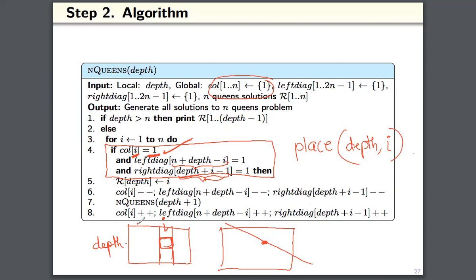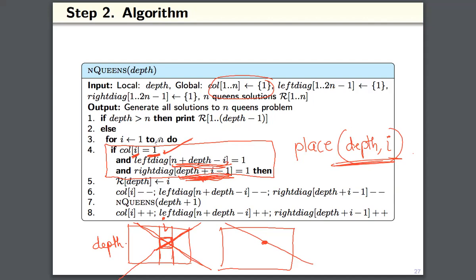The left diagonal that passes through this cell, depth comma I, is n plus depth minus I. Similarly, the right diagonal that passes through this cell is depth plus I minus 1.